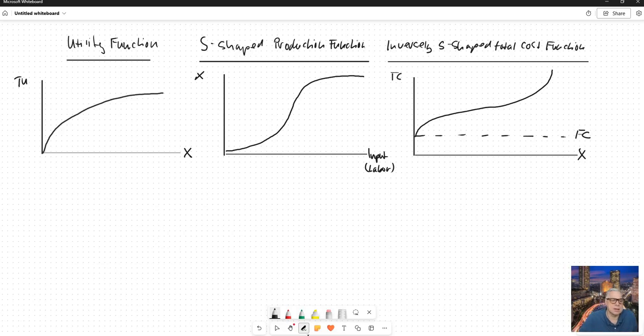Okay, so we already talked a lot about the utility function and the law of diminishing marginal utility, so that is pretty clear. Let's take a look again at this S-shaped production function.